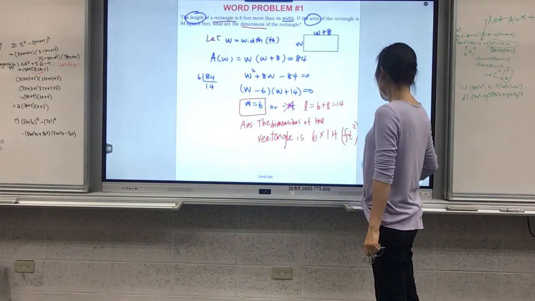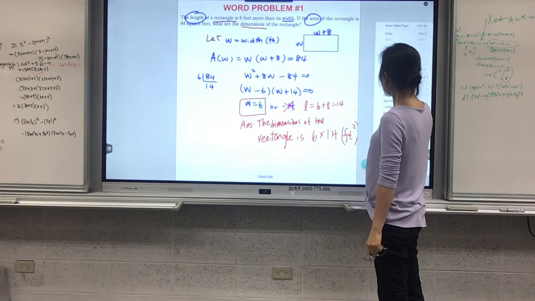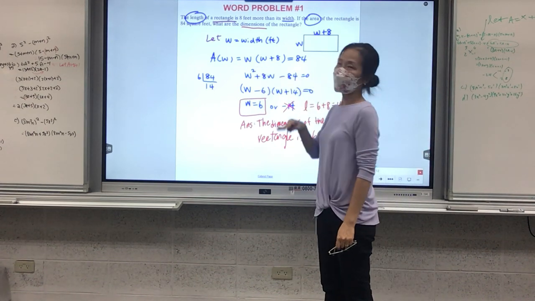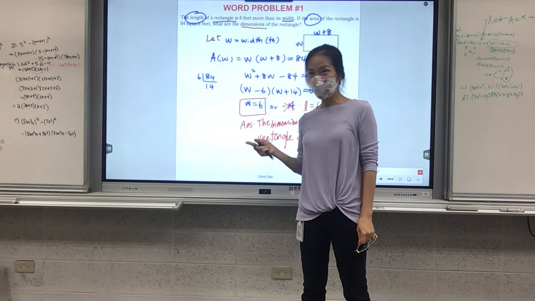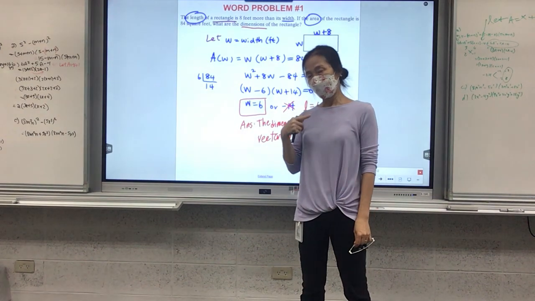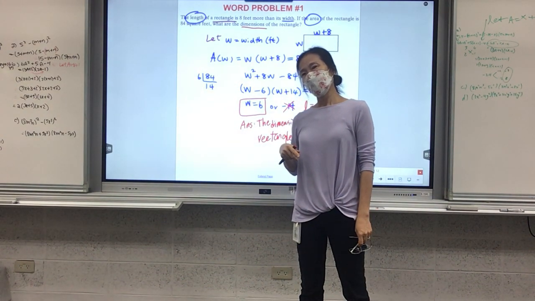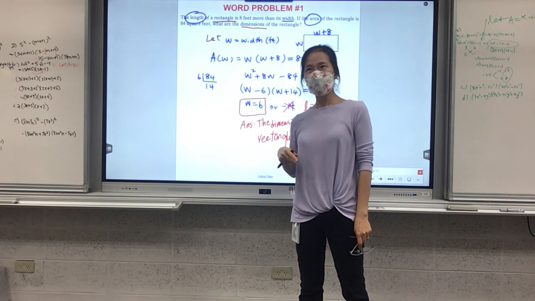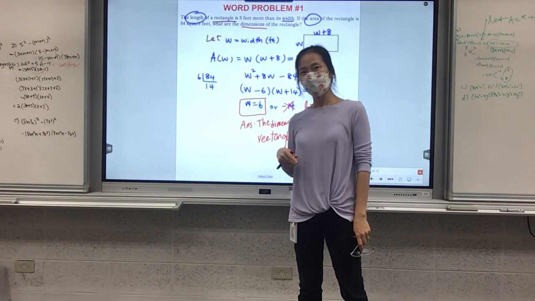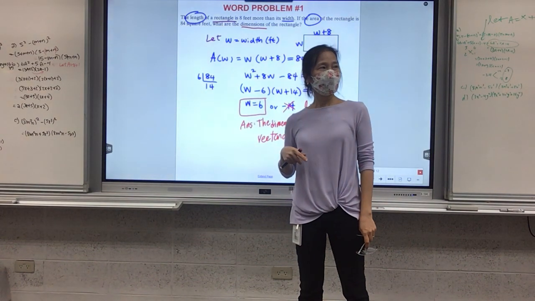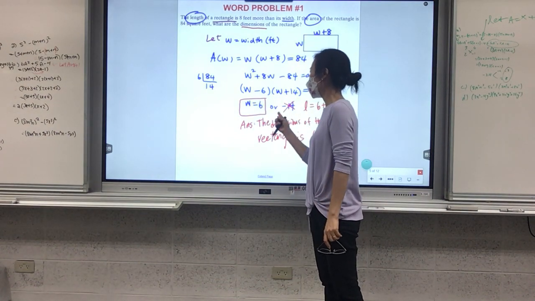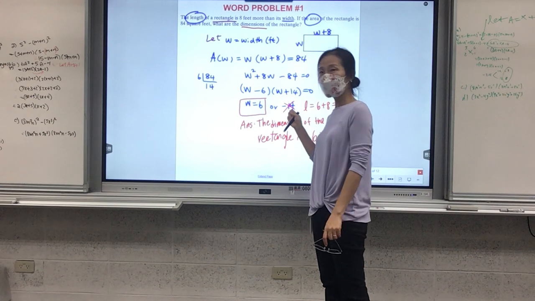In terms of a quadratic, when you solve the quadratic, you have two solutions, but width cannot be negative, so we cross one out.